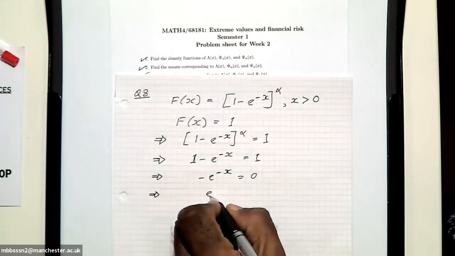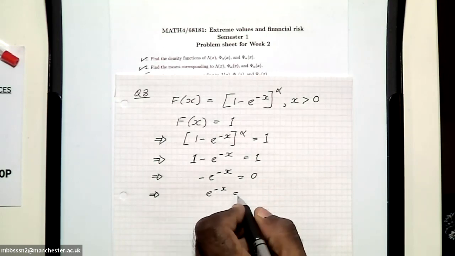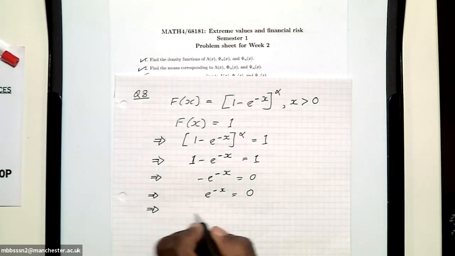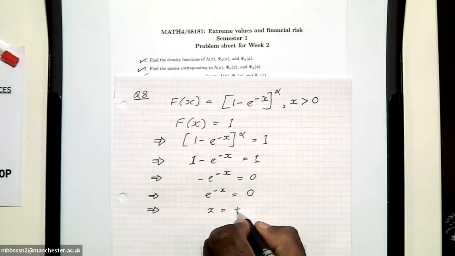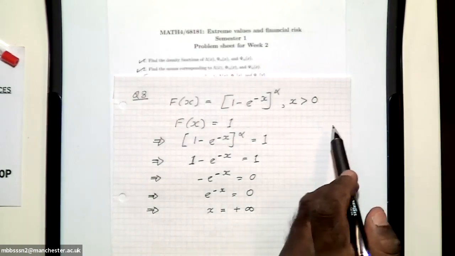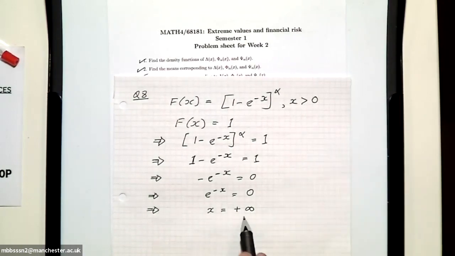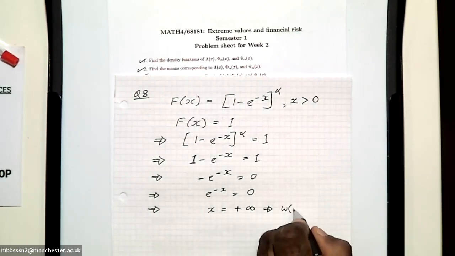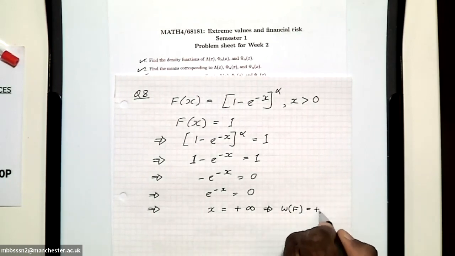So e to the minus x is 0, so x must be plus infinity. So you follow me, right? What we have shown is that w of f is equal to plus infinity.